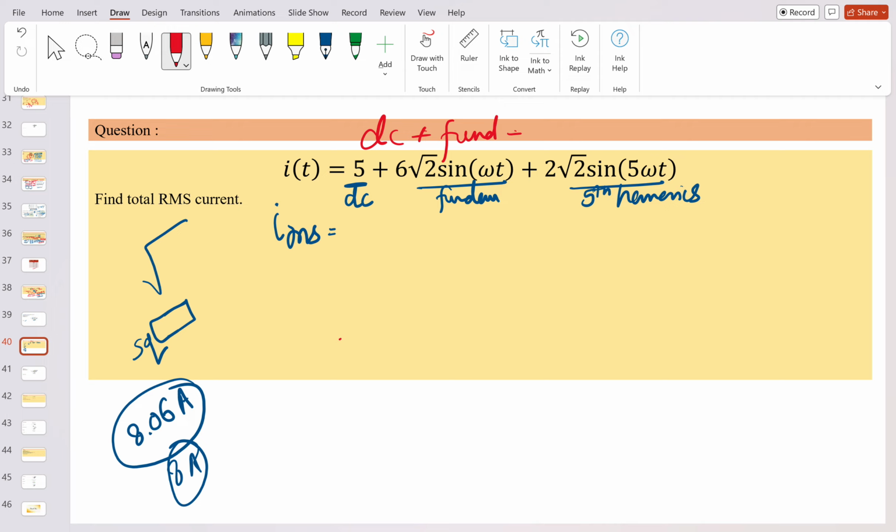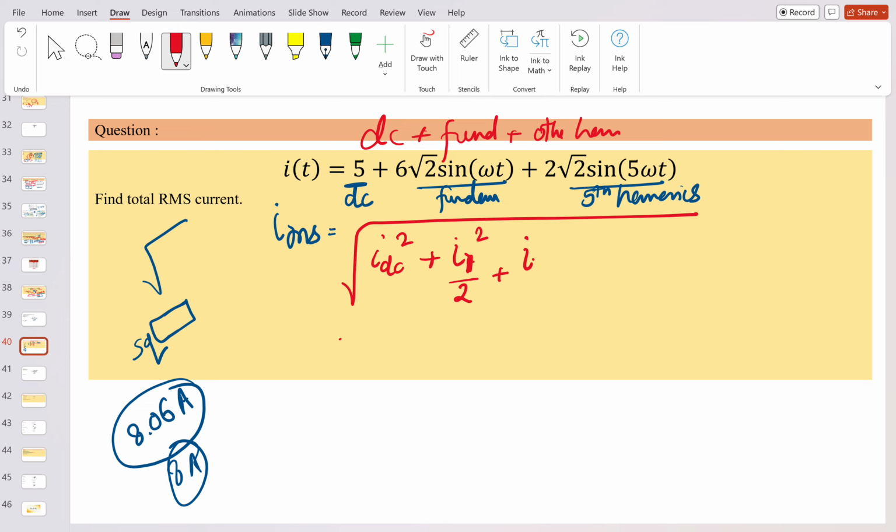So when you have the DC component plus the fundamental plus other harmonics, there is a formula that you just have to use: IDC square plus I1 square by 2 plus I2 square by 2 plus so on, whatever the nth harmonic component will be.